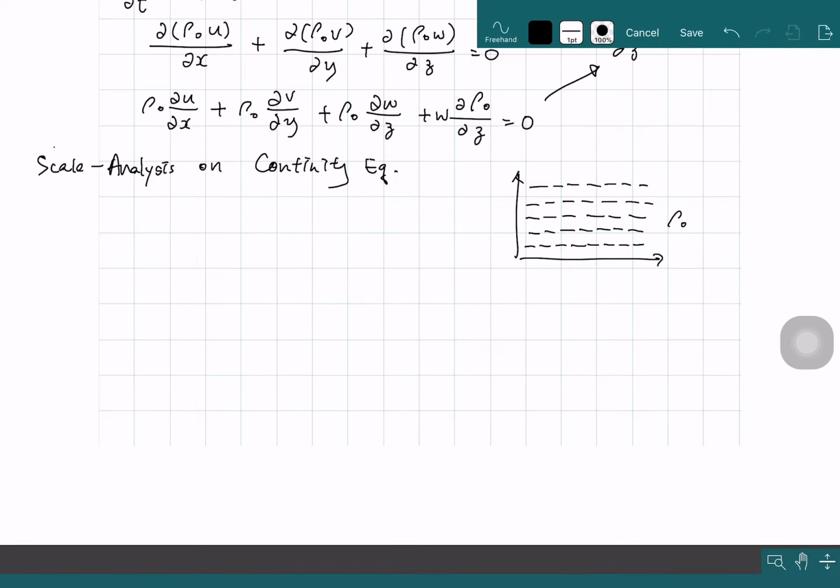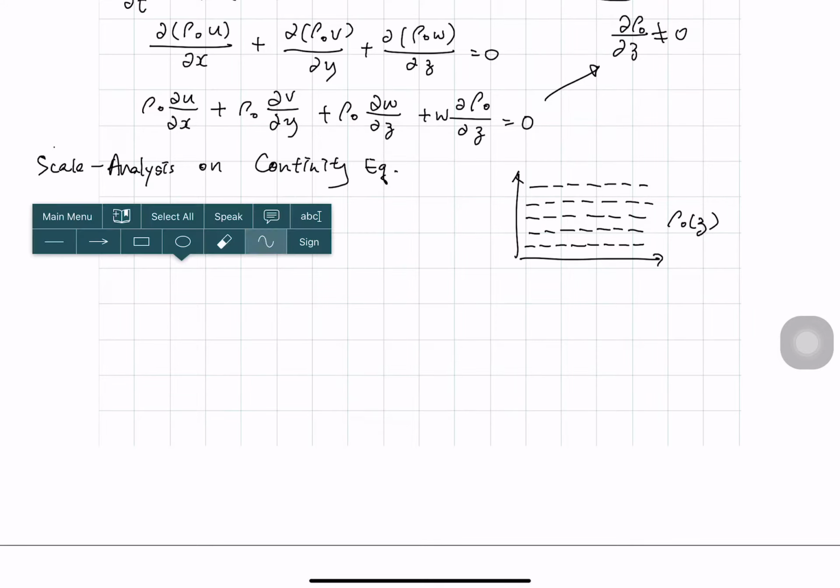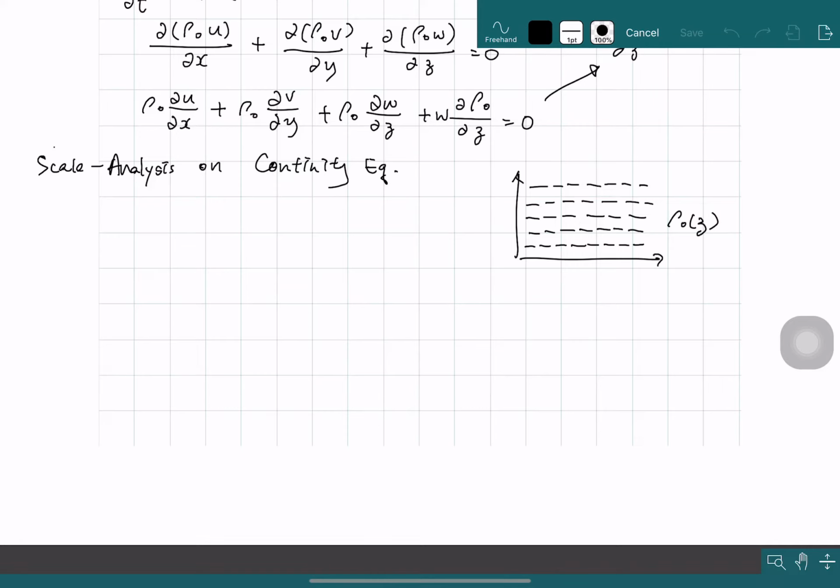This is rho naught, which changes with height. We separate the density into two terms: rho naught plus the density variation. Okay, this one changes with time, it changes with space.